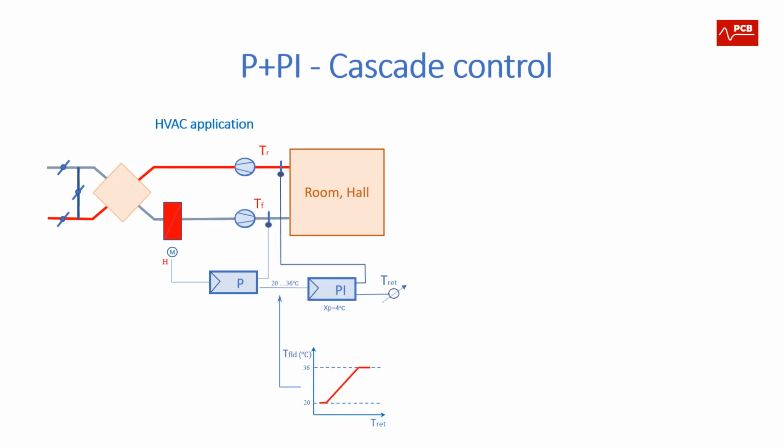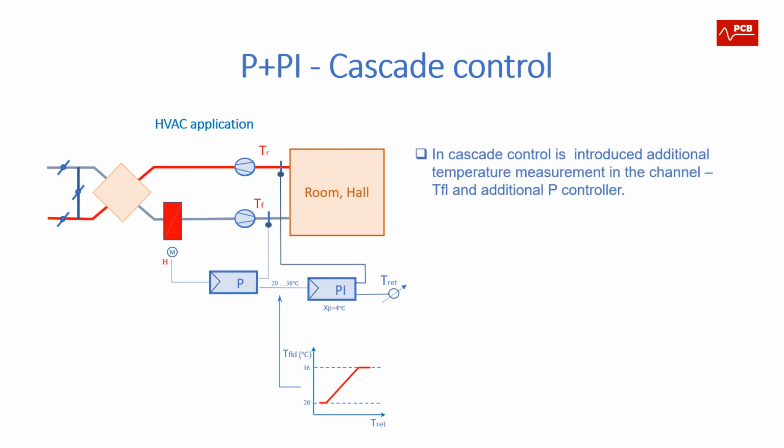P plus PI control, or in other words, cascade control. In this case, we introduce an additional temperature measurement in the flow channel and an additional P controller. So a so-called nested control loop is introduced.